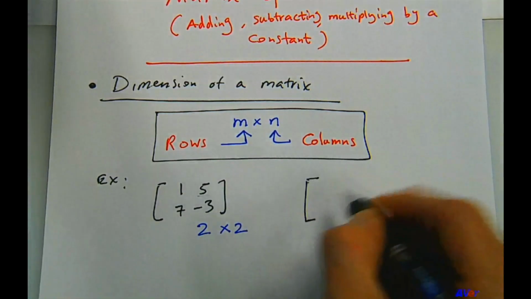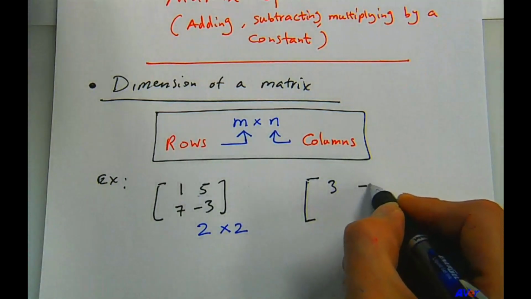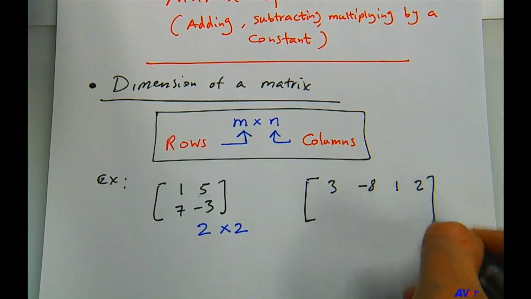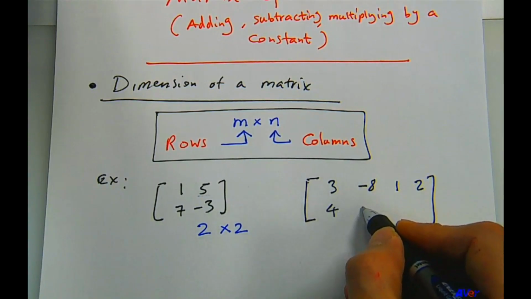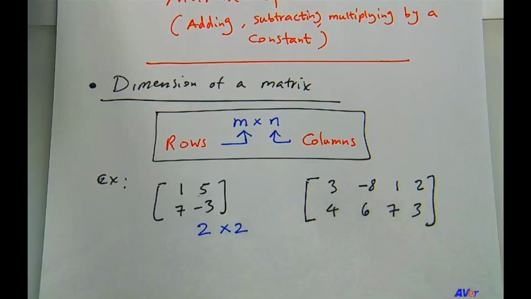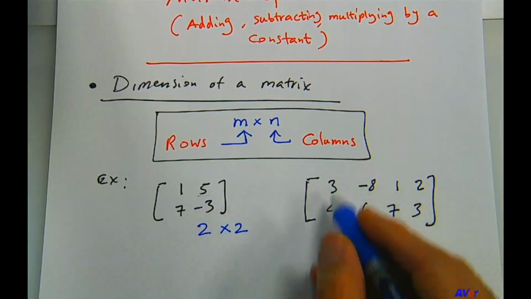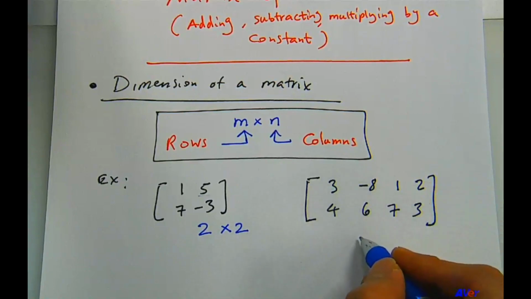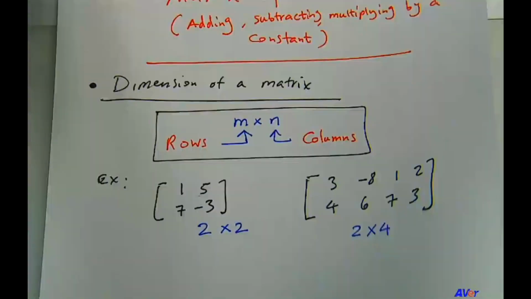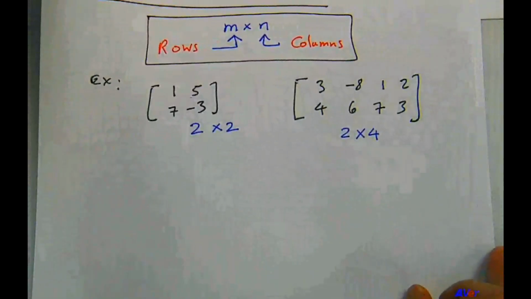If you have a matrix like this, 3, negative 8, 1, and 2, and then 4, 6, 7, and 3, the dimension of the matrix is 2 rows and 1, 2, 3, 4 columns. So 2 by 4.